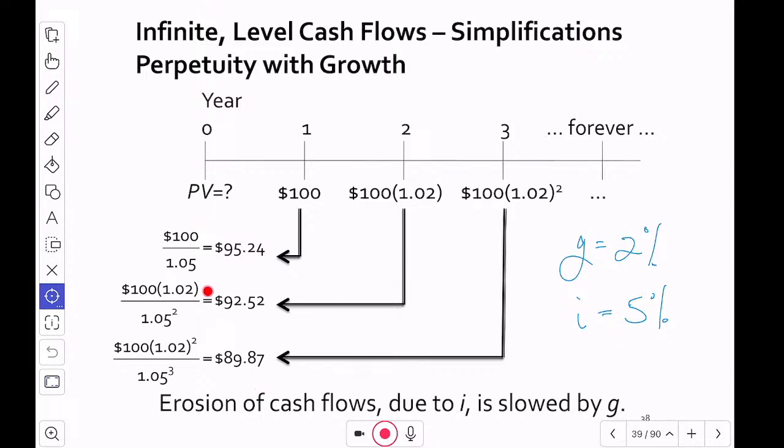But if I was greater than G, what would happen? They would increase, but what would be the answer to the present value?